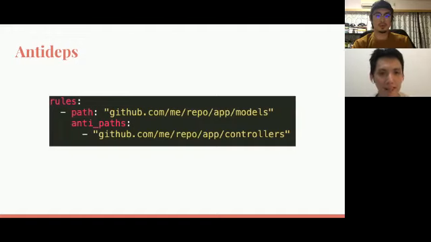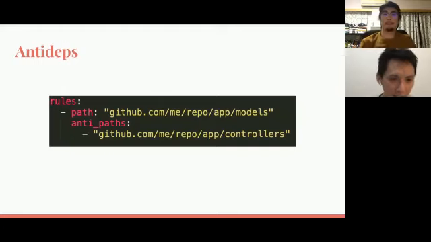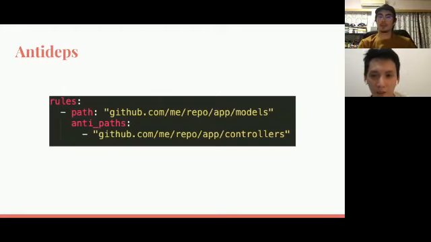We have a path saying, okay, in our model package, and we have an anti-path which says we don't want to import these packages. In common cases, there will be a problem immediately if you do this because there will be an import cycle. This is an easily detected problem.